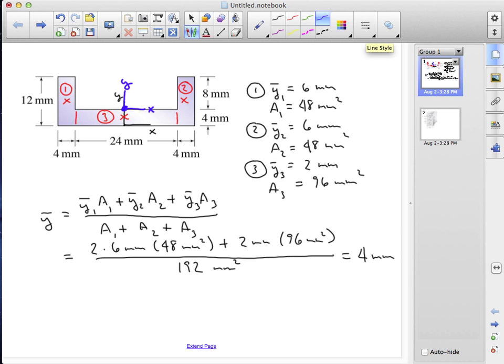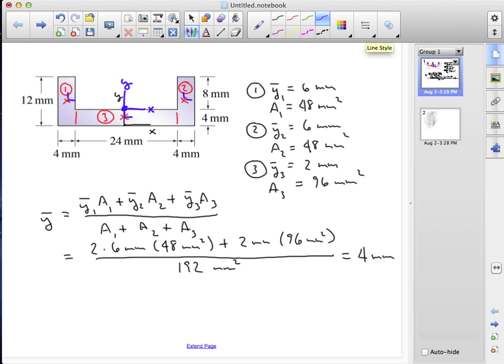This is our centroidal coordinate system for this cross-section. One of the things we can see here is the differences between the local x and y axes for each of the constituents and the x and y axis for the whole system.